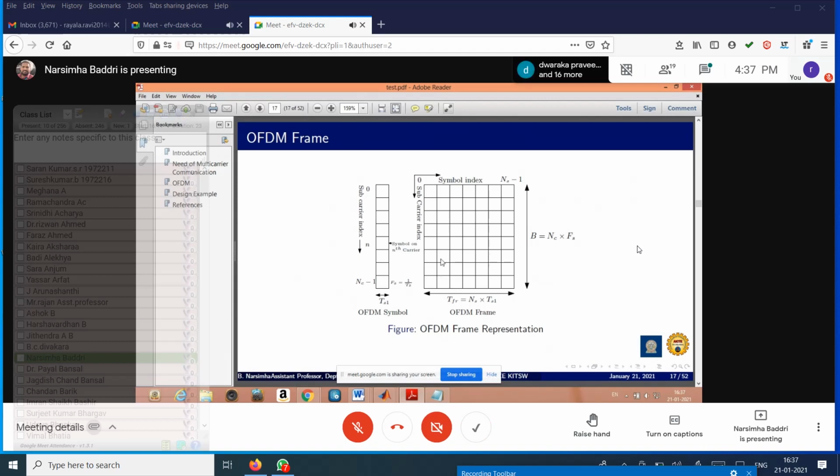This is the first symbol, second symbol, and a total of NS symbols from 0 to NS minus 1. So this block will be called an OFDM frame. The frame duration will be NS times the symbol duration because there are a total of NS symbols. And the bandwidth remains the same. So this is a representation of an OFDM frame.